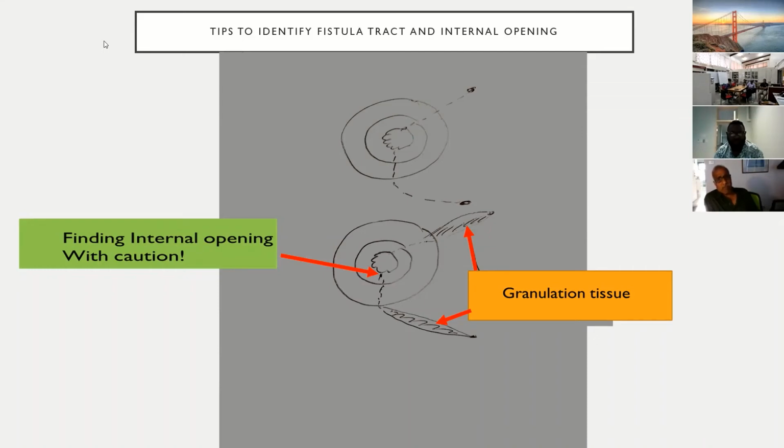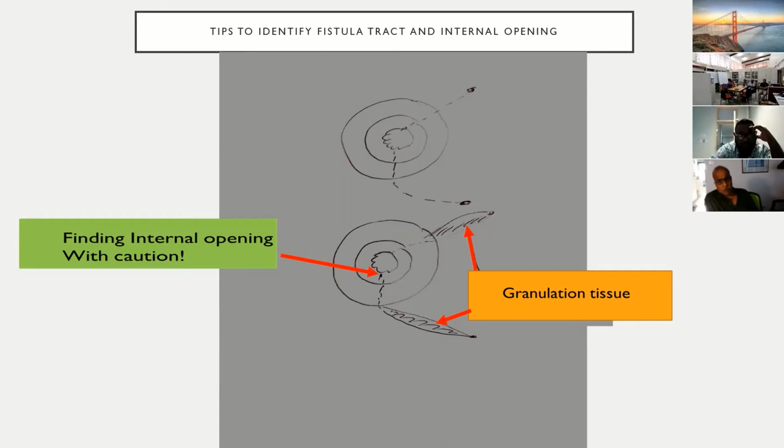If I probe the external opening very gently and get into the internal opening very easily, then I'll do a fistulotomy. In that situation, if I'm concerned that the fistula is high in the external sphincter, then I will use a seton as a temporary measure.